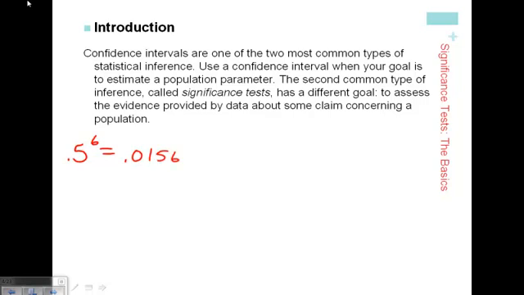It's really improbable that I would get 6 heads in a row. That's evidence. A small probability is evidence that something is screwy here. It's unlikely that I would get that many heads.